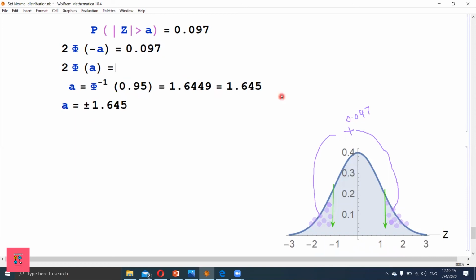Okay, we know that phi of minus a is the area which is on the left side. So purple dots on the left tail is the area phi of minus a.